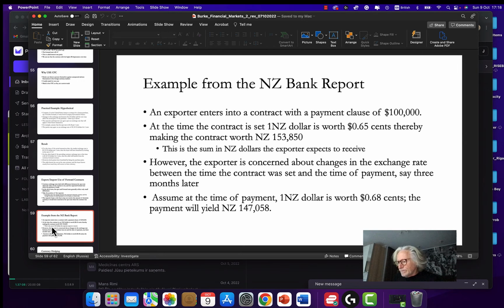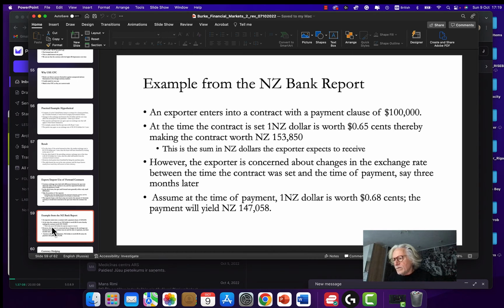So let's just assume, so we can show how these currency forward contracts work, that 6 months out, the New Zealand dollar now is worth 68 US cents. So what's happened? The New Zealand dollar has appreciated against the US dollar, meaning that the exporter will get fewer New Zealand dollars if the US dollars are converted at this particular exchange rate.